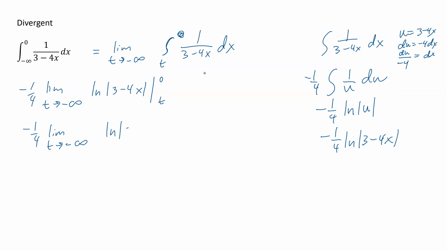So ln of 3 minus 4t minus, oops, that should be 0. 0 goes first. Minus ln of 3 minus 4 times 0. So let me double check it because I just did a horrible job there. Plugged in the 0, perfect. Plugged in the t, perfect. All right. Now, this is 3 minus 4 times 0, which would just be ln of 3.